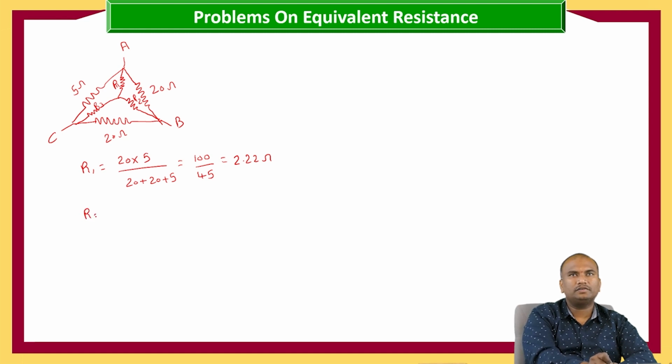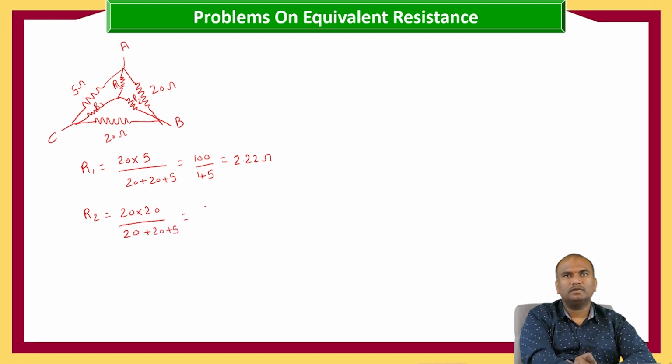And R2 is equal to 20 into 20 by 20 plus 20 plus 5, which is equal to 400 by 45, which is equal to 8.88 ohms.